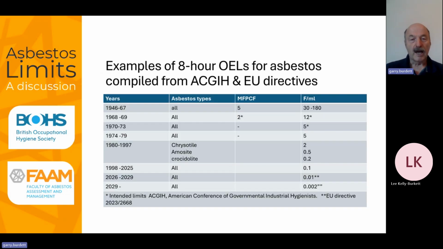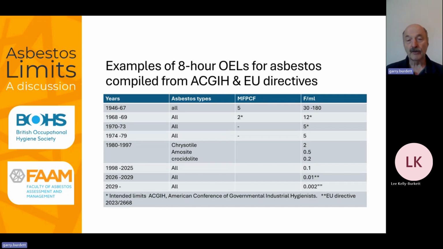Next, I'd like to talk about where we've come from and where we're going. The idea of workplace exposure limits for asbestos has been around quite a long time, but the membrane filter method to monitor them really started in the 60s, and the limits that have been applied, as you can see in the right-hand column, have fallen from 10, 12 fibres per ml to what we consider the EU are asking for in 2029, 0.002.